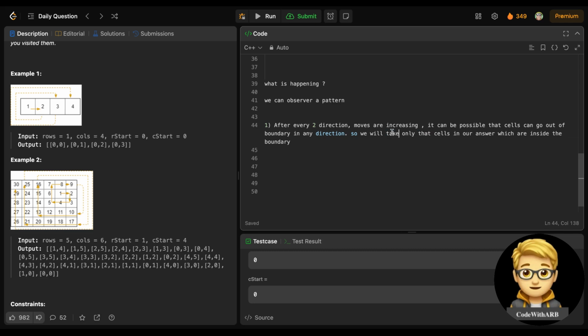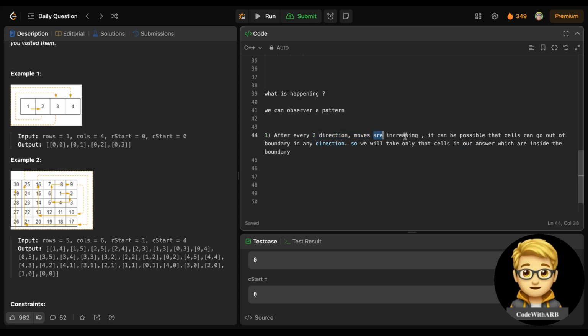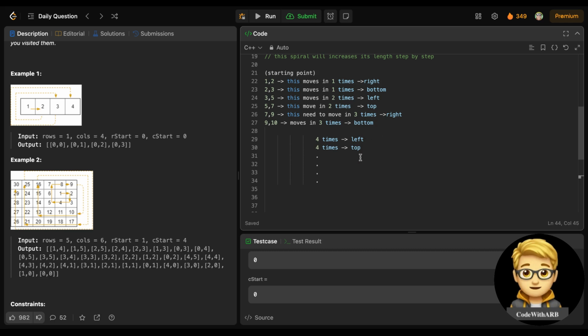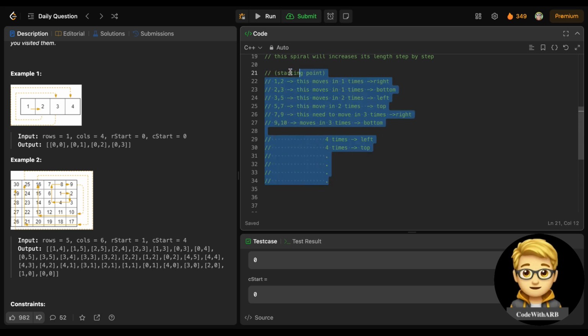So basically after two directions the moves are increasing. The pattern is very simple; you just need to implement it. How will you implement it?